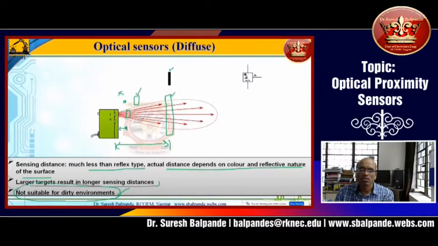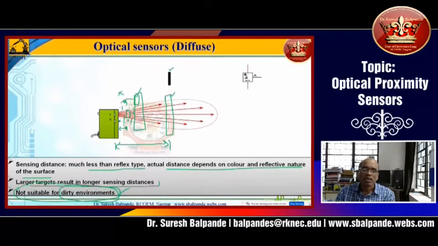It is not suitable for a dirty environment. Because between the target and this transmitter receiver, if there is a dusty environment, what will happen? Light will scatter further and go randomly in all directions, and probably light could not reach the receiver part because of the scattering and the losses of the light.